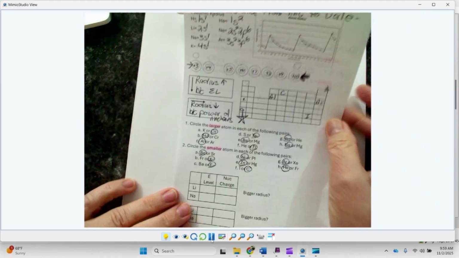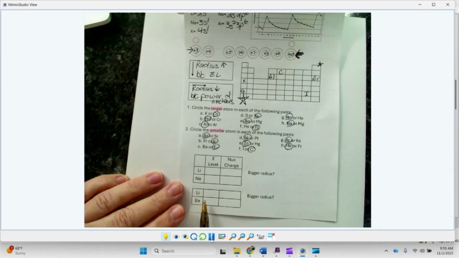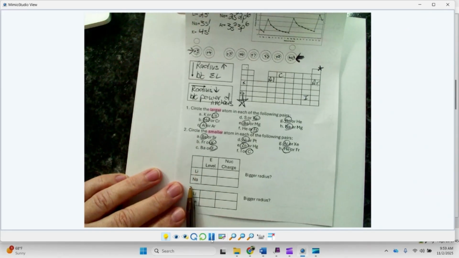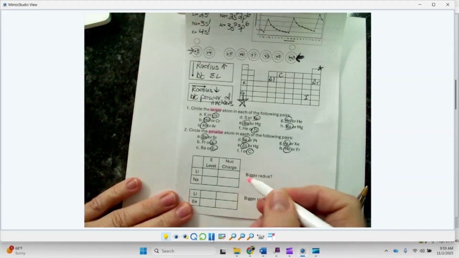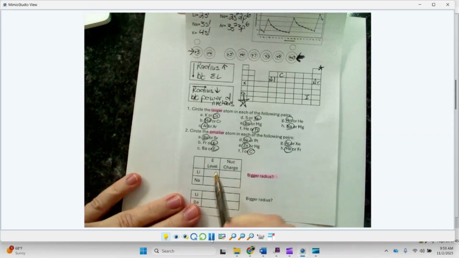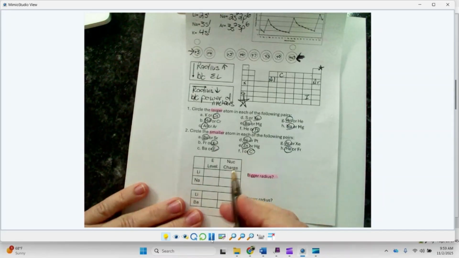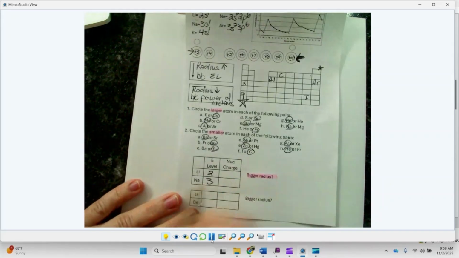And a way to show that would be if we use a table like this. If we are talking about lithium versus sodium, and we want to find out who has the bigger radius, you would first look at the energy levels. Lithium has 2 energy levels, and sodium has 3.